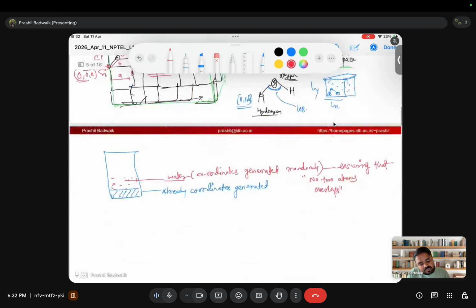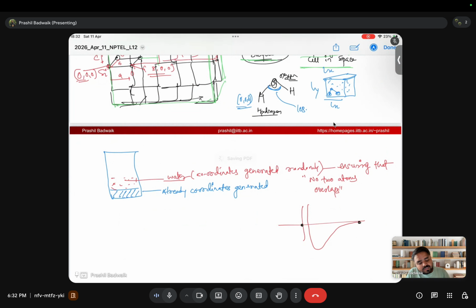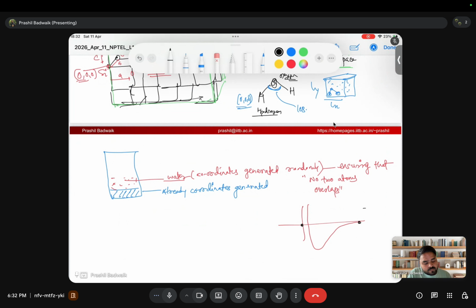Because we know this is how our potential will look like. You can see if one atom is sitting over here, and another atom is sitting over here, the interaction energy is close to zero. But if another atom is sitting over here, you can see what its interaction energy is. This is my interaction energy U as a function of R, and here it is R.